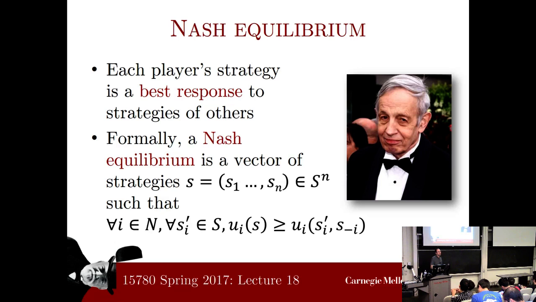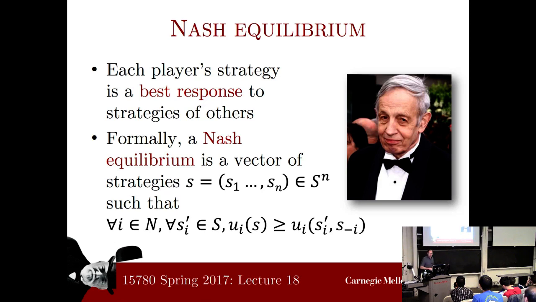So informally, given what everybody else is playing, if I could unilaterally switch to a different strategy, there's no other strategy that would give me higher utility than what I'm playing right now. So for each player, that player cannot get a higher utility if they unilaterally deviated to a different strategy from what they're playing in the equilibrium.